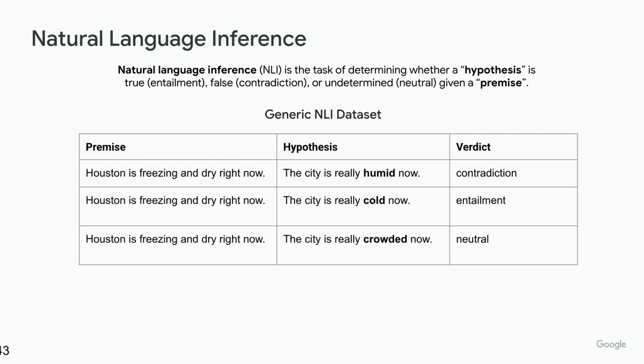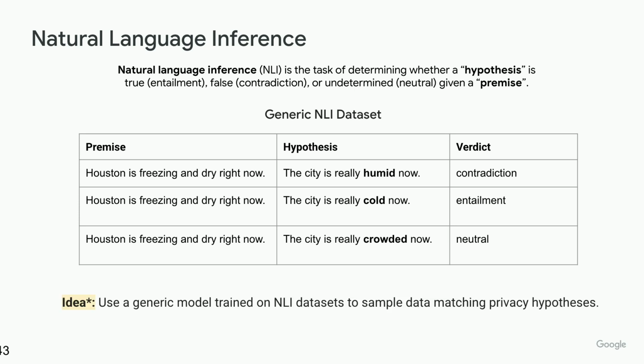And then you look at a premise, and what natural language inference can do is tell you, does the premise entail the hypothesis? In the case of the second example here, if I were to say Houston's freezing and dry right now, yes, intuitively, you can think of it as the premise implying the hypothesis. It implies that Houston is cold. So that's called an entailment.